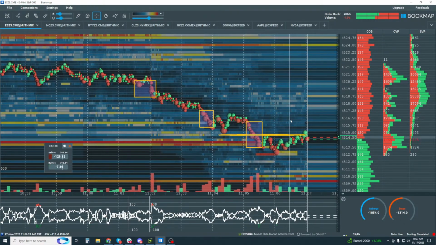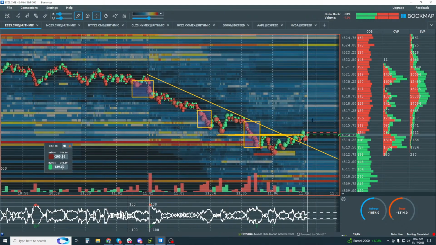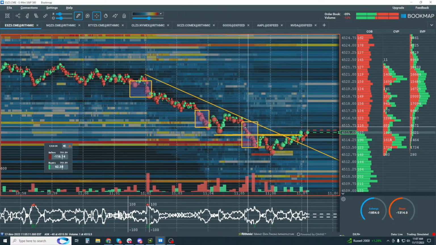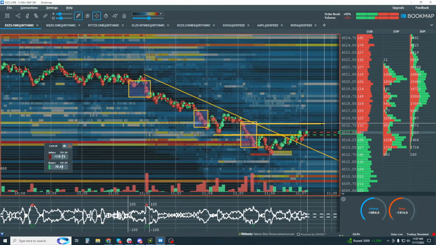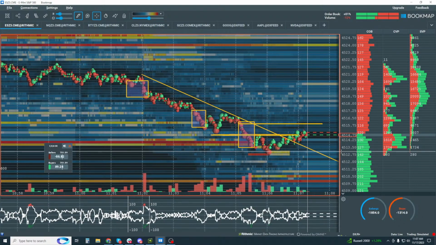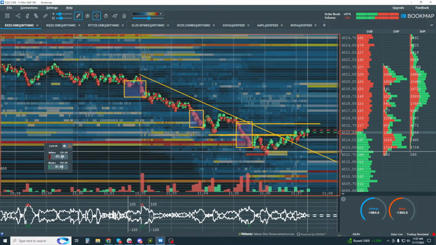Let's see. Yeah, it's set up nicely. The squeeze will really be on up here. So we might get a nice move here actually, so above 16.